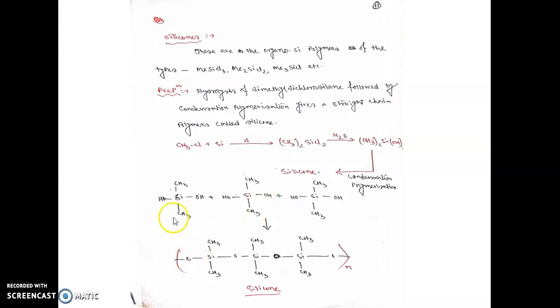We will be left with oxygen, Si(CH3)2, and in the middle of these 2 silicon atoms there will be only 1 oxygen atom, because the water molecule has been eliminated from the 2 OH groups. And again Si(CH3)2 oxygen, Si(CH3)2 oxygen, and this part will be continued to form the long chain compound, that means polymeric compound.